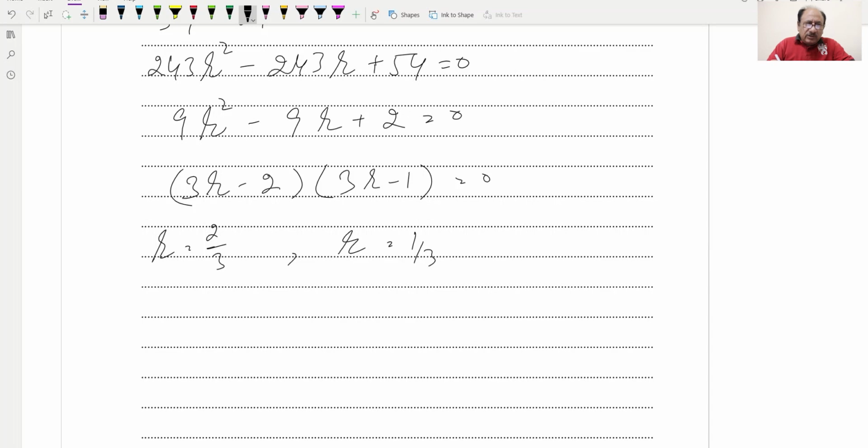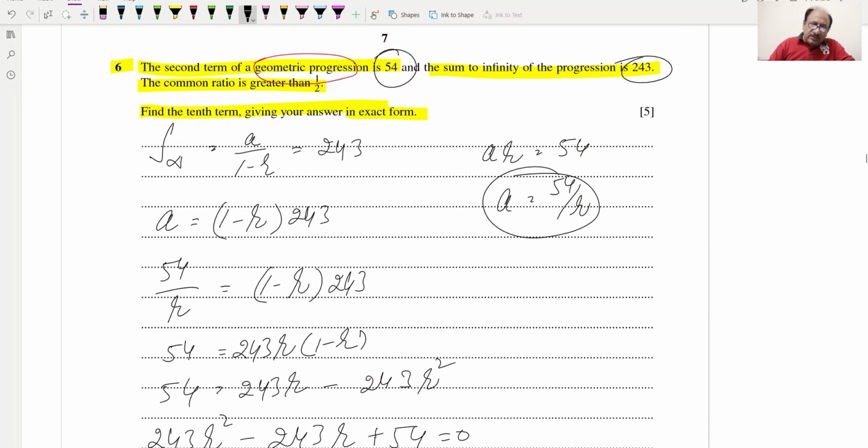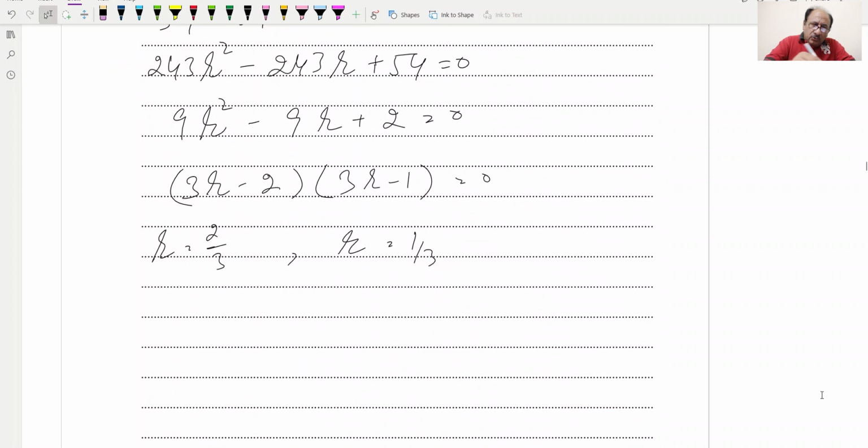So these are basically the two solutions which we are getting, but they are saying that the common ratio is greater than 1 by 2. So less than 1 by 2 we will reject, and we will write R is greater than 1 by 2.